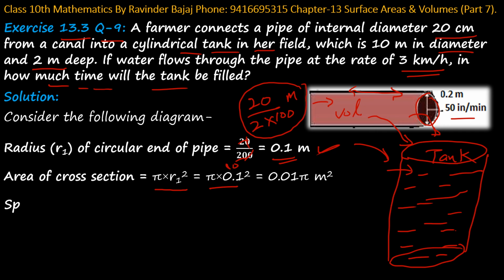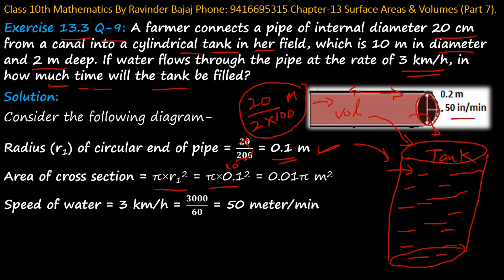Now see next. Speed of water is equal to 3 km per hour, means 3000 meter upon, in 1 hour there are 60 minutes, so 50 meter per minute. So in place of kilometer we have converted into meter, in place of hour we have converted into minutes.